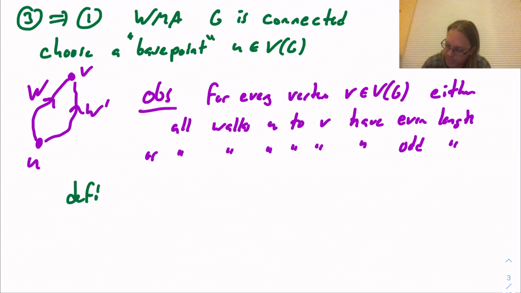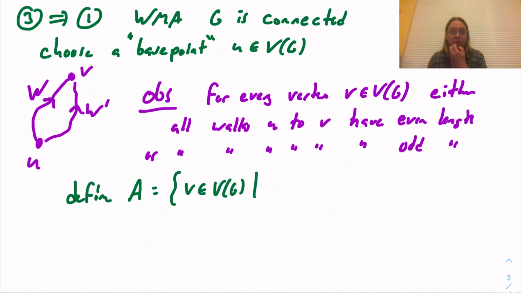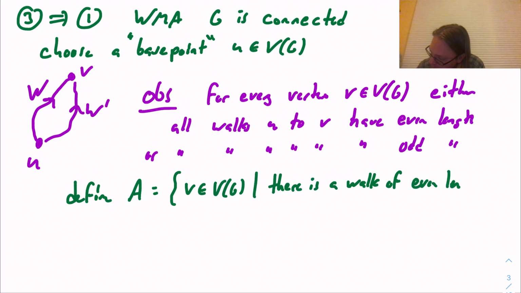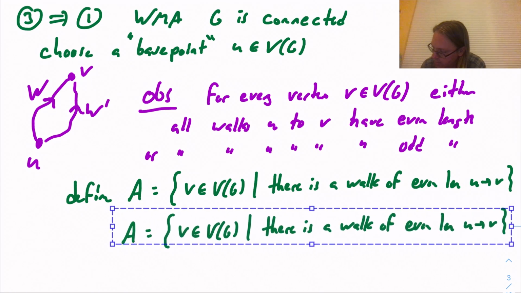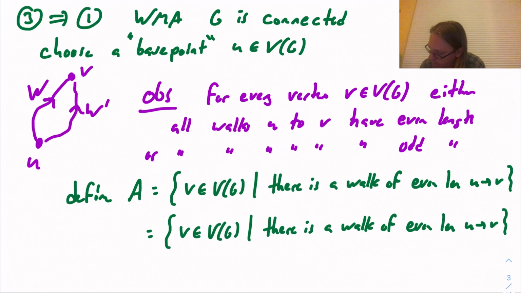Let's define A. This is going to be the set of all vertices V so that there's a walk of even length from U to V. So that's my set A. And here's my set B. So B is going to be the set of all vertices with the feature that there exists a walk from U to V of odd length.